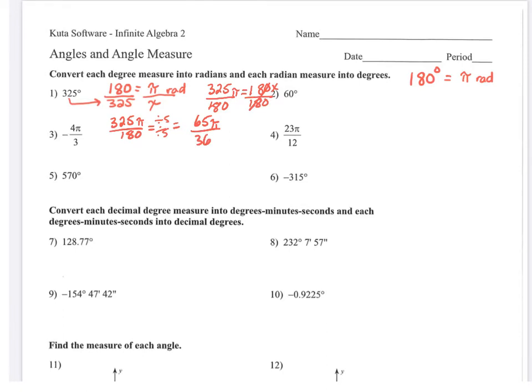I don't think those have any common factors. 65 goes into, let's see, what's 65 divided by 5? 13, no. So those wouldn't have any common factors. So that would be the answer.